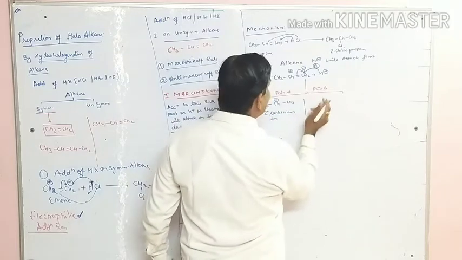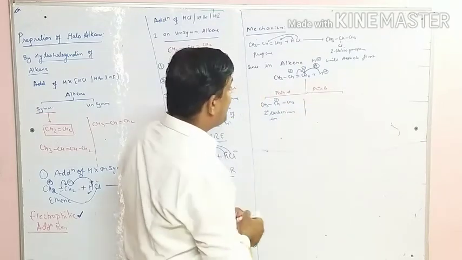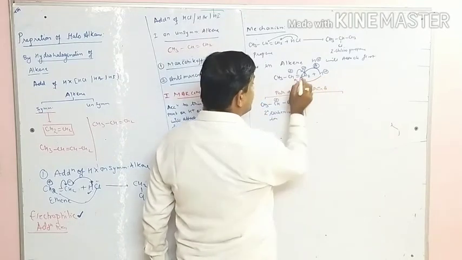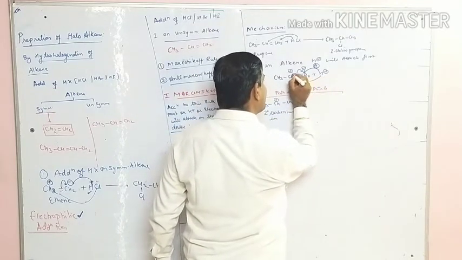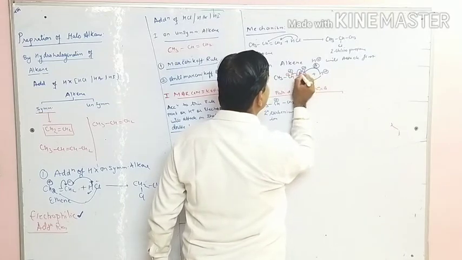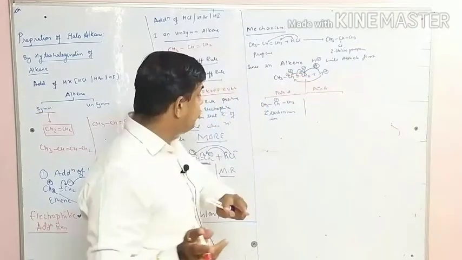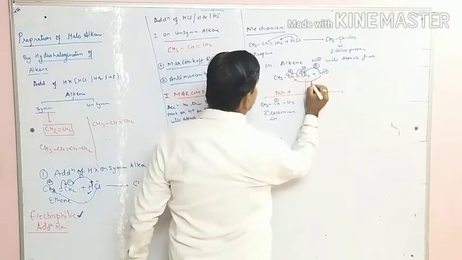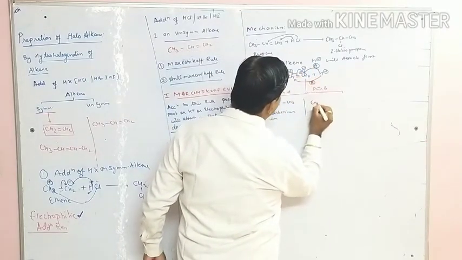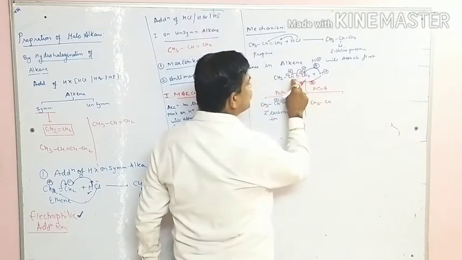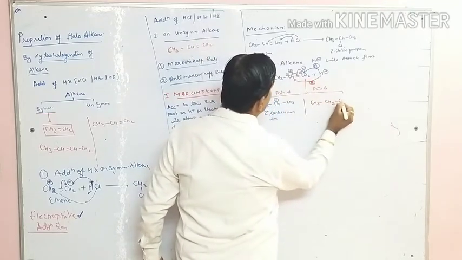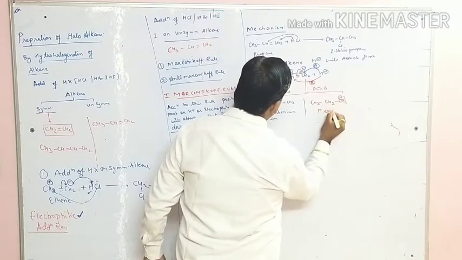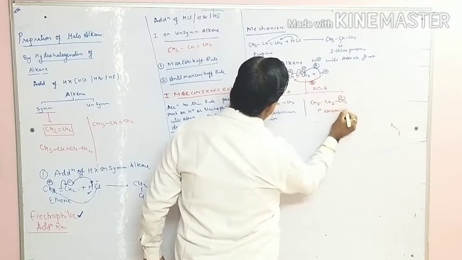Now if I take path B, the H plus can go here also. This is only possible when we shift the pi bond. In the case of the B path, hydrogen goes on this carbon, CH3, CH2, this is CH2 and the positive. This is a primary carbonium ion.